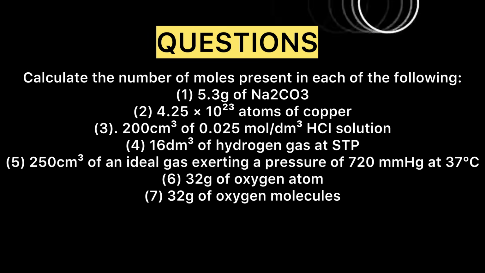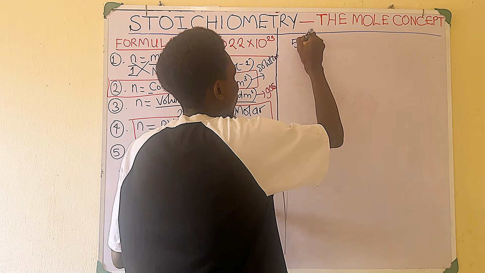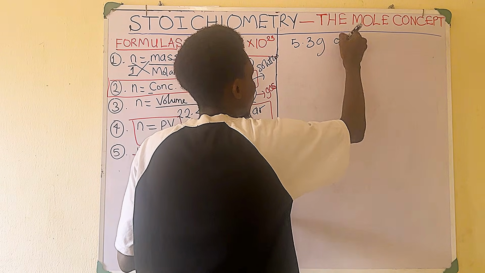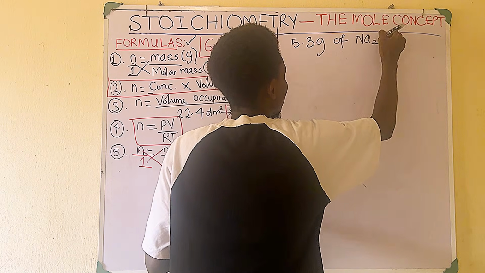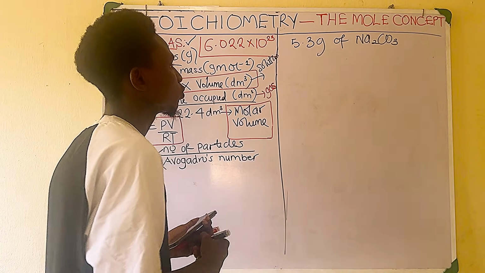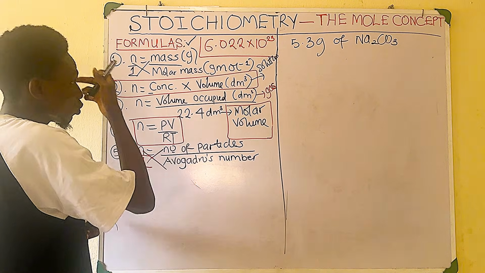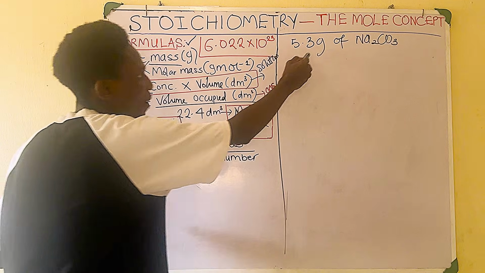Now, let's quickly start with the first question there. So it says that 5.3 grams of Na2CO3. So now what do you do in this question? The first thing is, what formula are we going to be using? I still have the formulas here so we can relate them. So the first formula, you say mass.